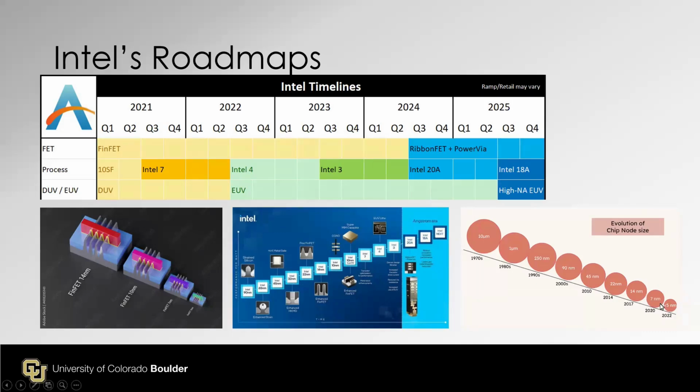So it's less than 5 nanometers. That's process node. So Intel can make very small things using photon-based technology, extreme UV technology here.